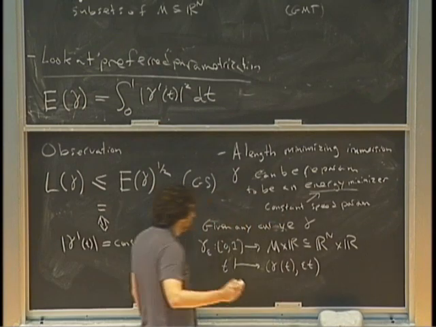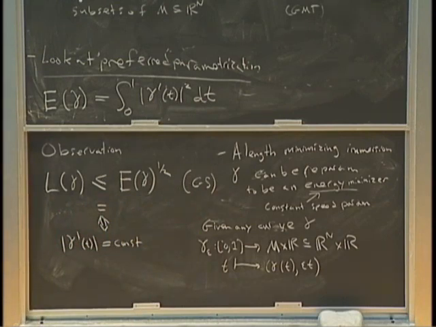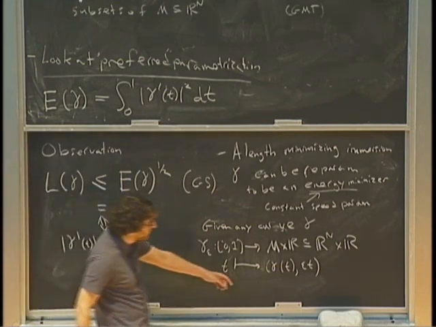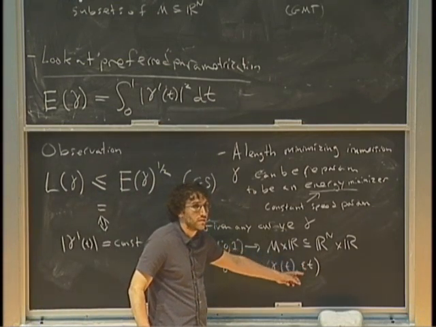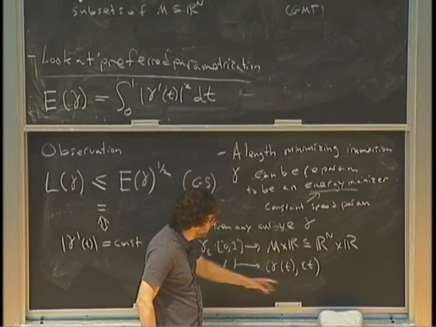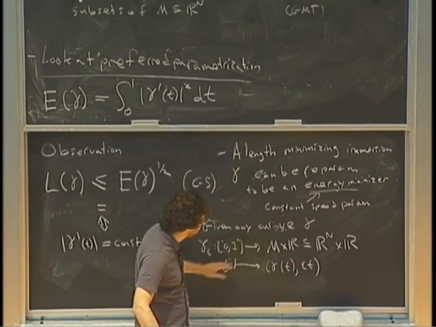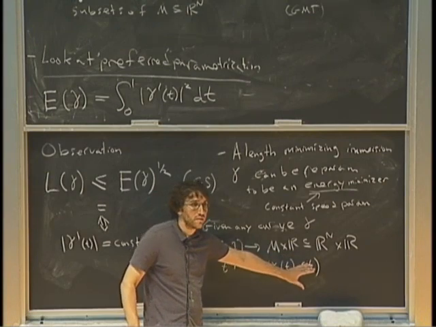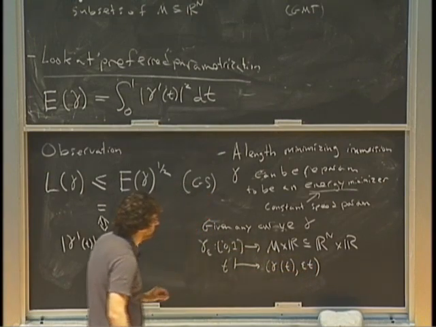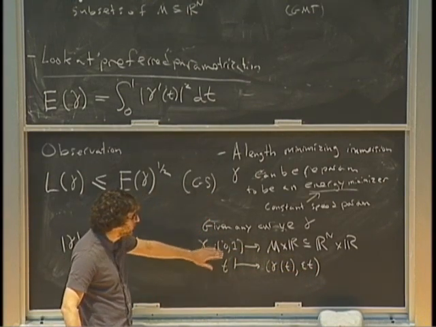Okay? Right, so this now is clearly an immersion because we always have a non-trivial derivative here, and it's actually an injective map too. So the image of this is a really nice curve, whereas gamma itself doesn't need to be nice.